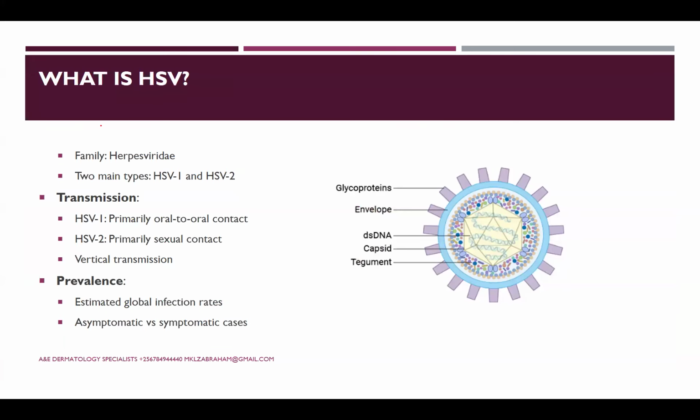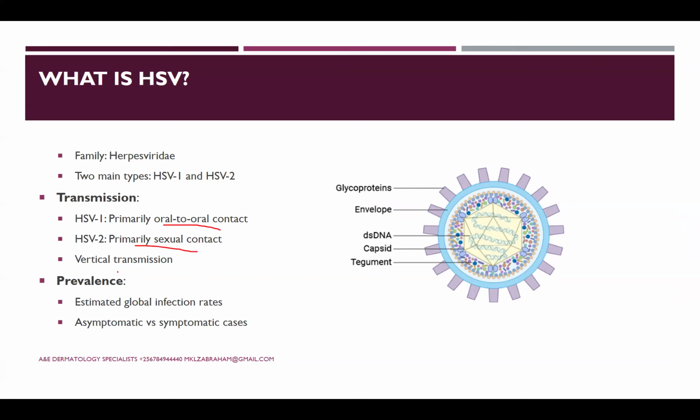So herpes simplex belongs to a family we call Herpesviridae, and the major types are herpes simplex 1 and herpes simplex 2. The mode of transmission: this is a virus that you usually get from oral contact or through sexual contact.